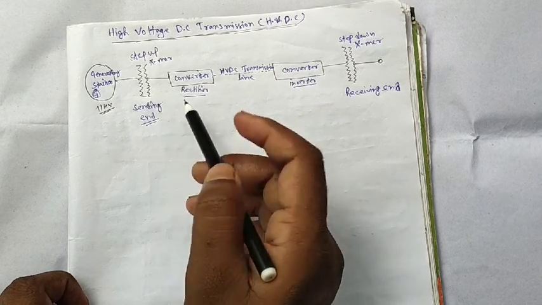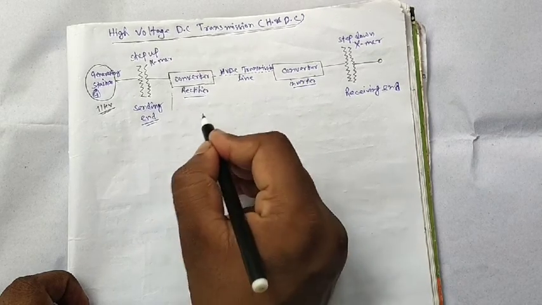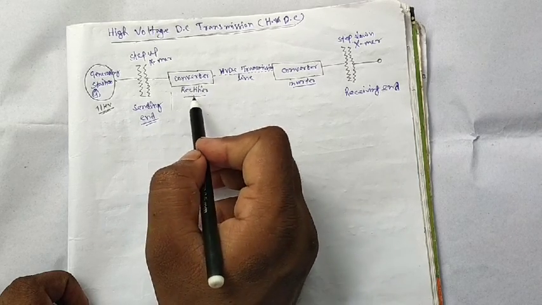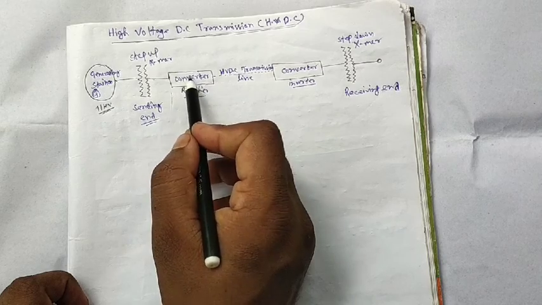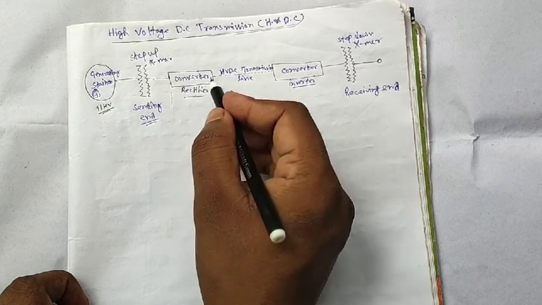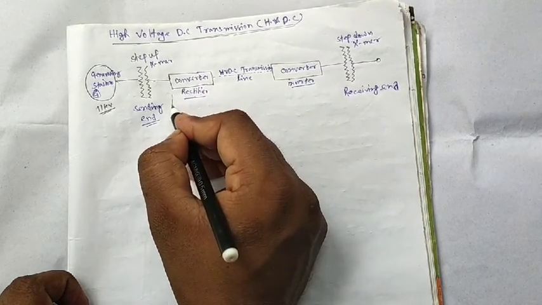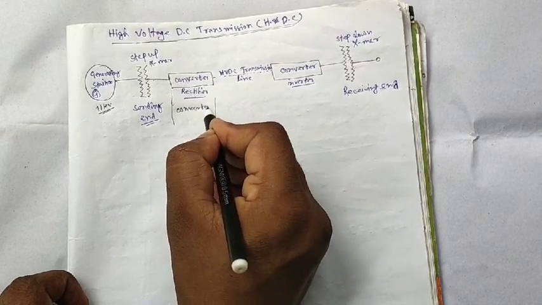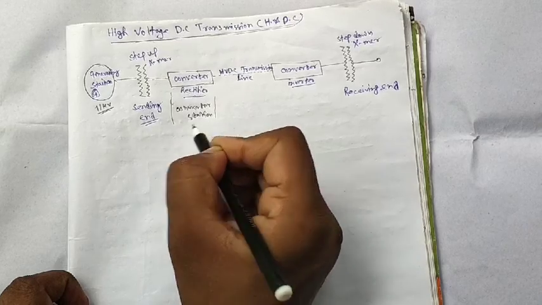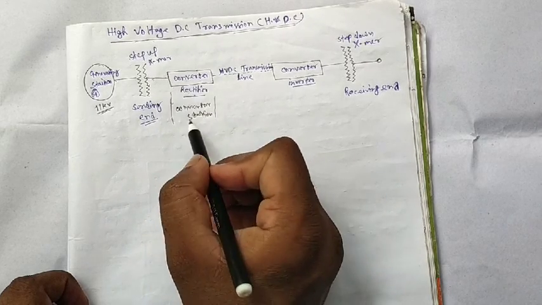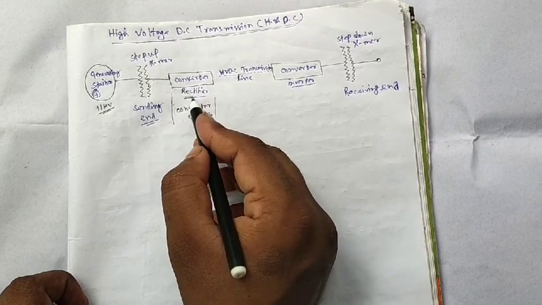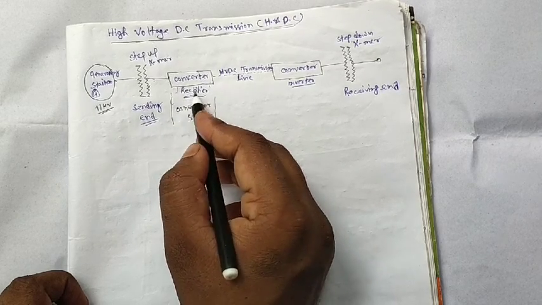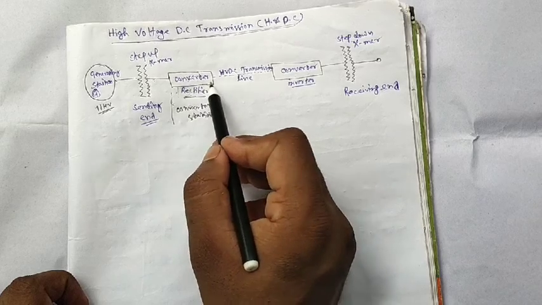Then this high voltage AC is converted by a rectifier into DC. That means it is a converter station, and we use a rectifier because a rectifier converts AC into DC.